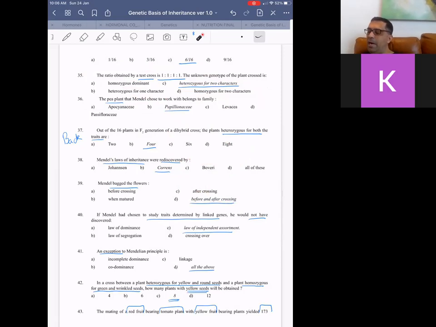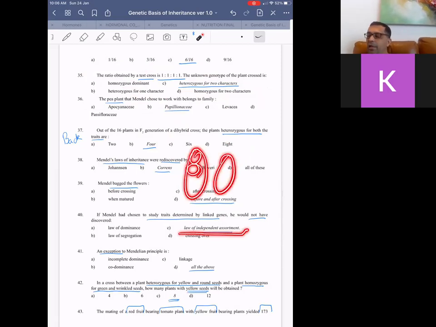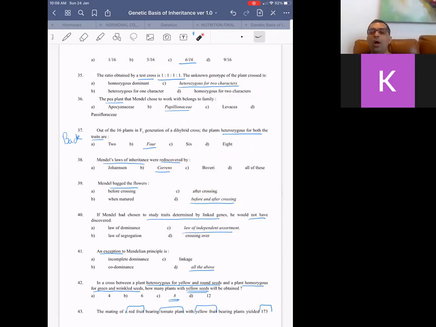Right. If Mendel had chosen traits determined by linked genes, he would have not discovered law of independent assortment. Law of independent assortment नहीं आता है if the genes are linked. If genes are linked, they will not separate from each other and will not show independent assortment.